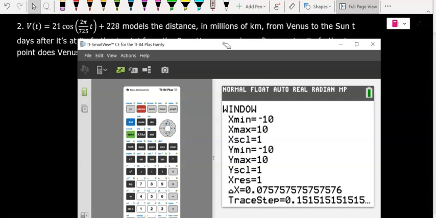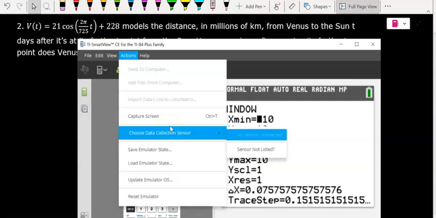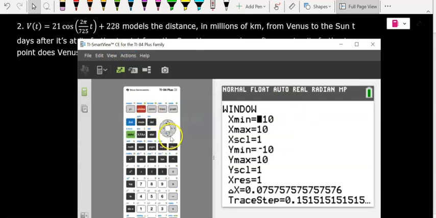So that means that my y values are all going to be between that 228 plus or minus 21. So the y-axis actually needs to be set for a minimum of 207 and a maximum of 249.